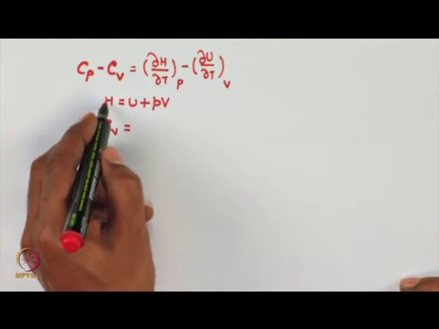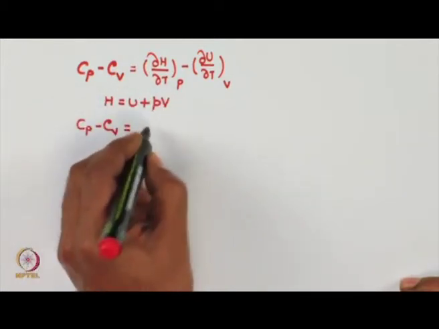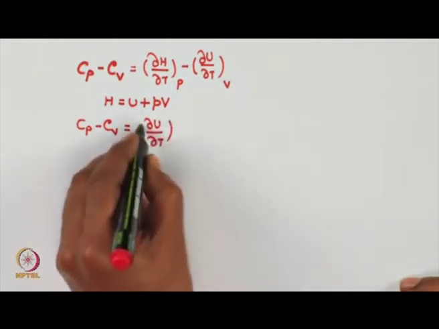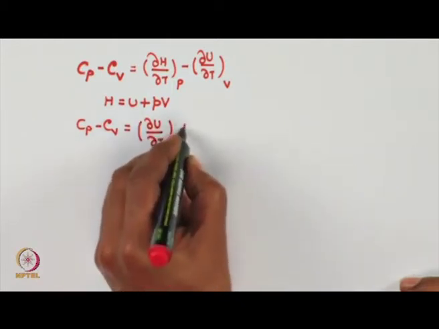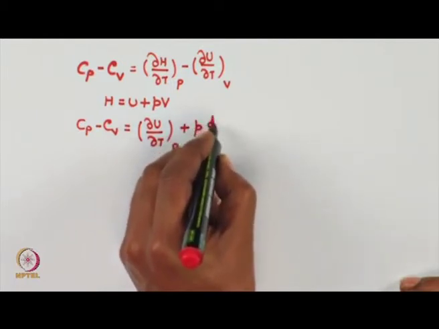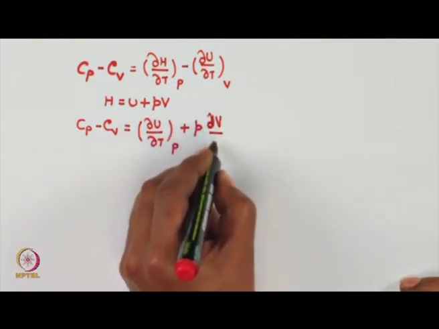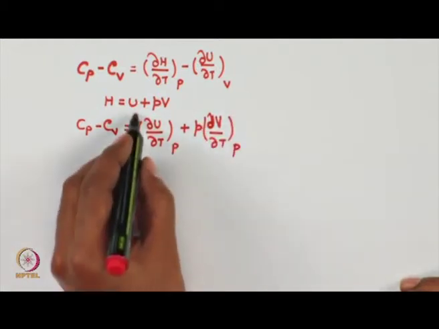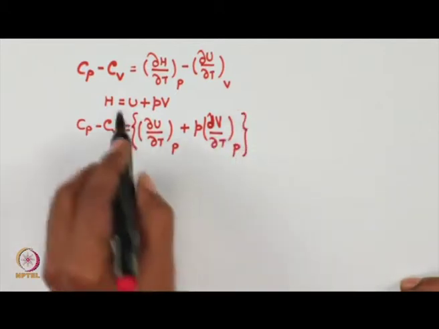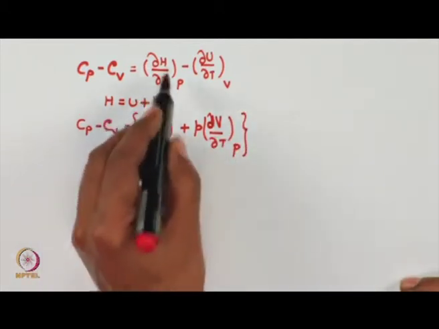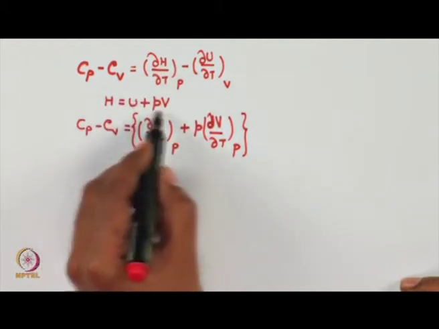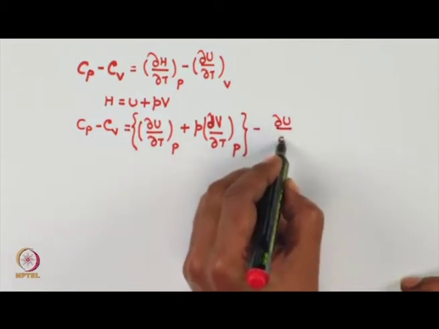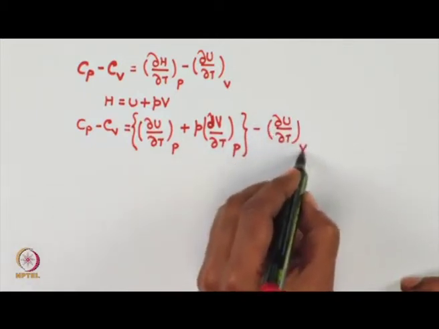let us take its derivative at constant pressure. This will be dou U dou T at constant pressure plus P dou V dou T at constant pressure. This is just the differentiation of H, that is dou H by dou T at constant P, minus dou U dou T at constant volume.